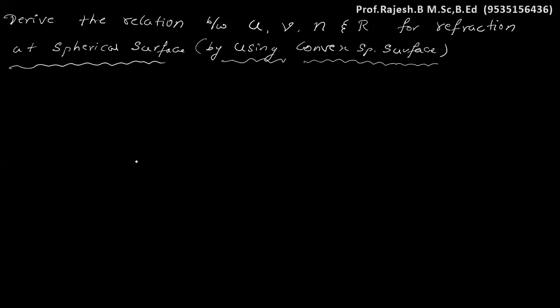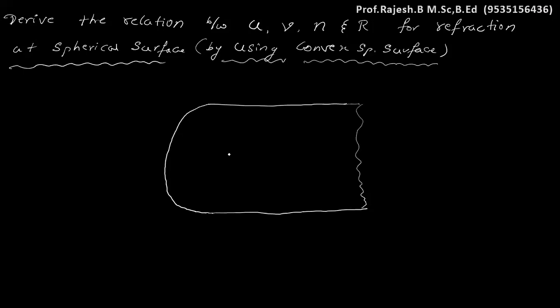Let's draw the convex spherical surface. Very important, please keep drawing it. Draw the convex. One side is a convex spherical surface, and the other side is irregular. And here is a light ray passing through the principal axis, right?